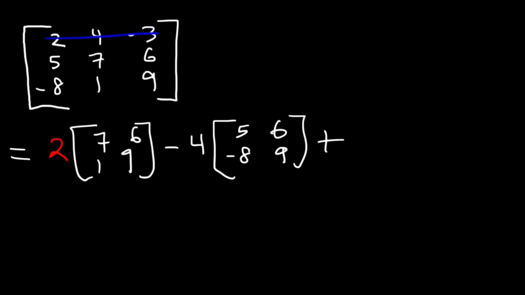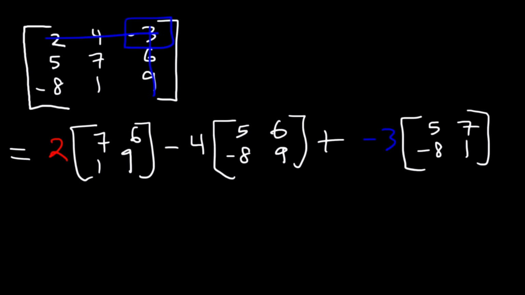We're going to get rid of row 1 and column 3. So we have a negative 3 on the front, and then we're going to write what we see here: 5, 7, negative 8, 1. So that's how you can simplify the 3 by 3 matrix into 3 2 by 2 matrices.